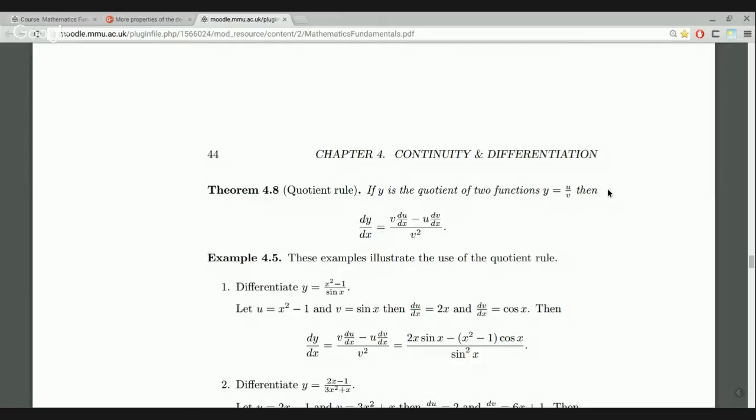We're going to prove that shortly. So we'll obtain the derivative of r and then get the derivative of y by applying the product rule and chain rule.